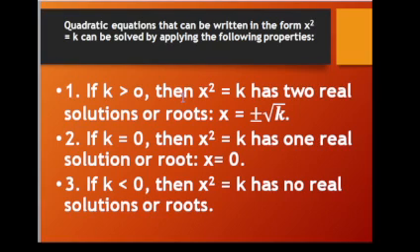We cannot find any real solutions or roots for that, because negative 4 is less than 0. So you have to take note of these 3 properties when checking if the given quadratic equation is written in the form x squared equals k.